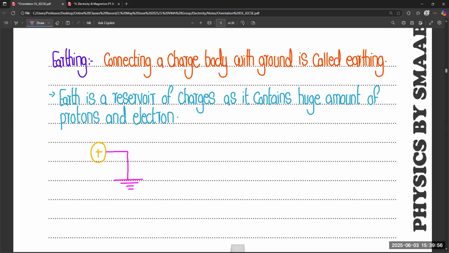So according to the logic, this positive charge will not transfer, right? But just like we discussed, Earth is a reservoir of charges. So definitely in the Earth reservoir, free electrons are also available, so those free electrons can travel from the earth to the charged body, right? So this is the possibility, because protons cannot be transferred.